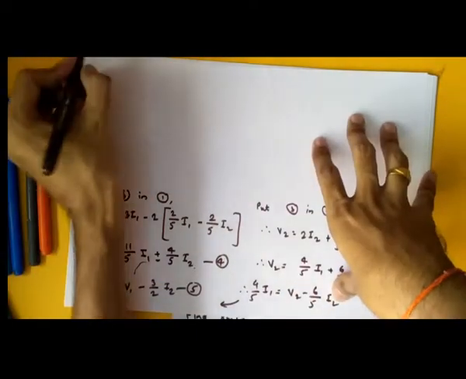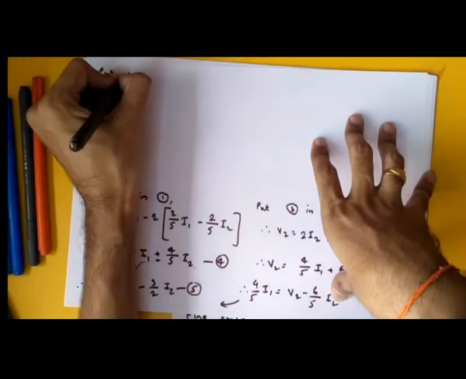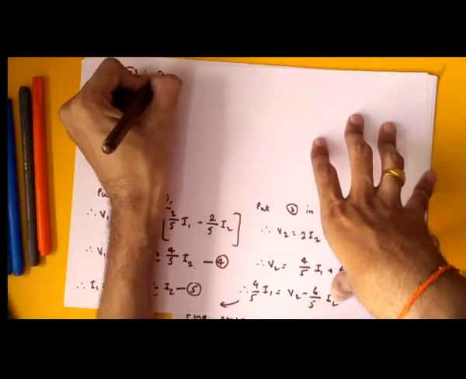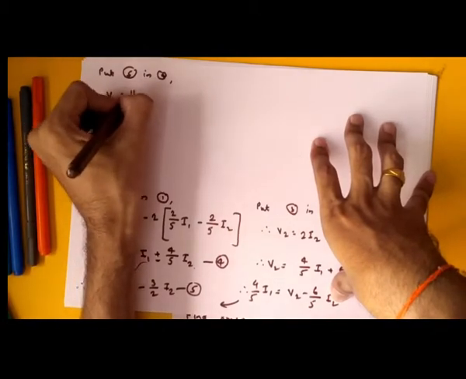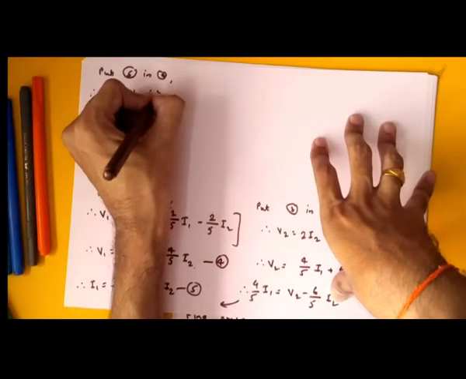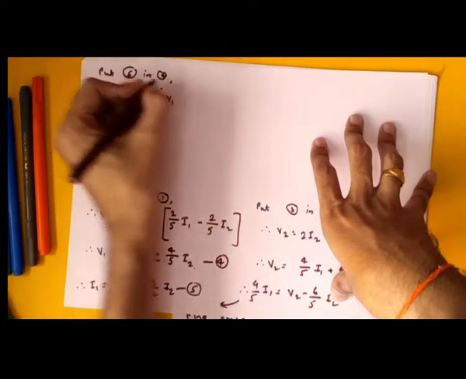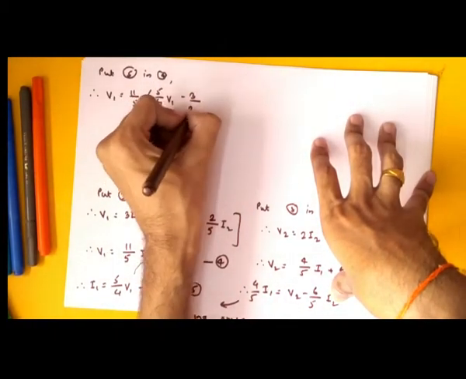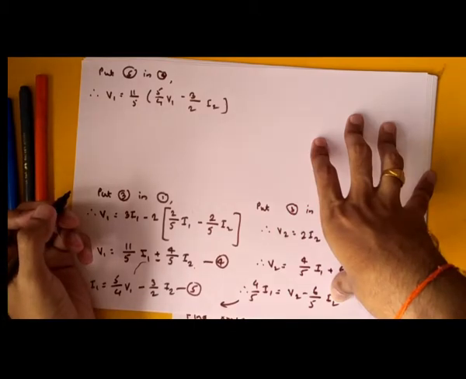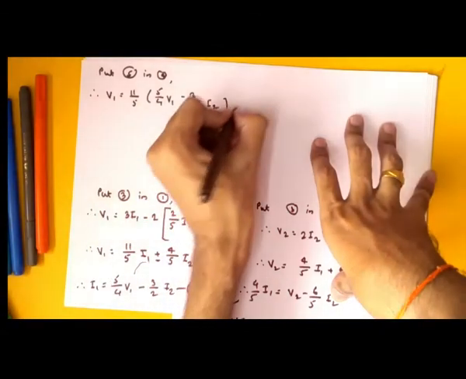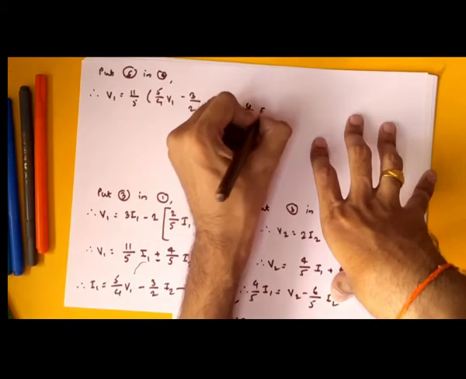So put equation 5 in equation 4. So therefore V1 equal to 11 by 5 times 5 by 4 V2 minus 3 by 2 I2. Am I correct? Yeah, plus 4 by 5 I2. That was remaining.